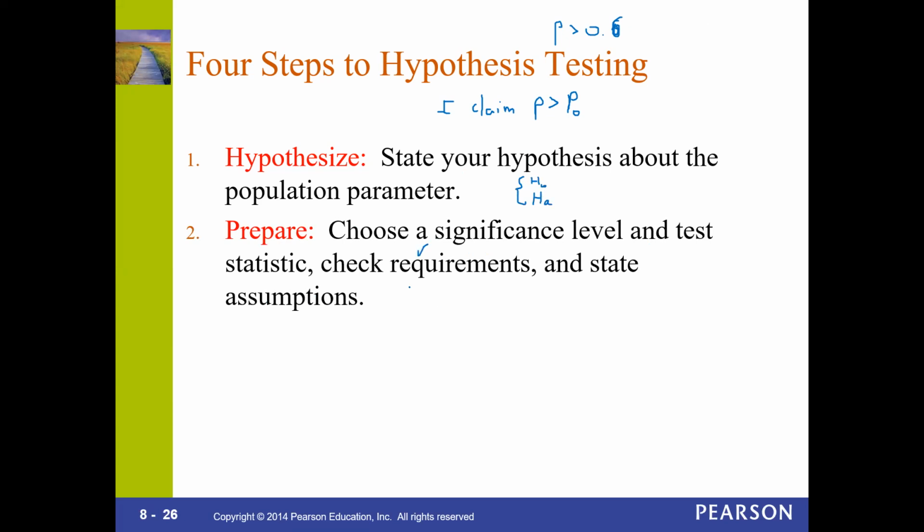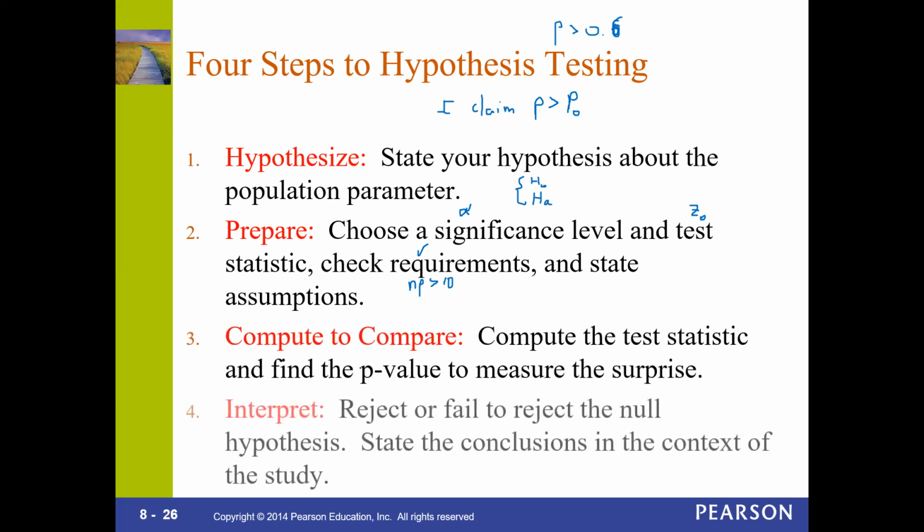The requirement is that np must be greater than 10. And the test statistic will be the Z naught; I will show the formula. The significance level will be alpha. If alpha is not given, it's by default 0.05. Okay, and then set your assumptions.